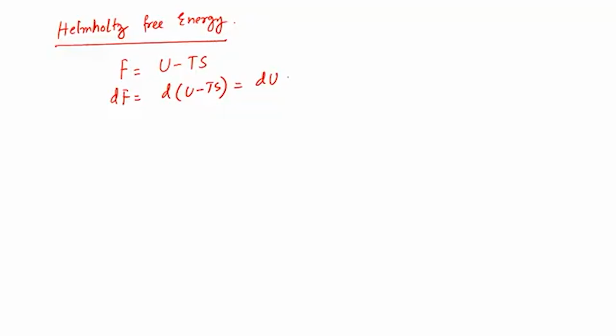We will continue with this notation that we have introduced earlier, and there is a minus d of TS, and this is equal to dU minus TdS minus SdT, because we are taking exact differentials.